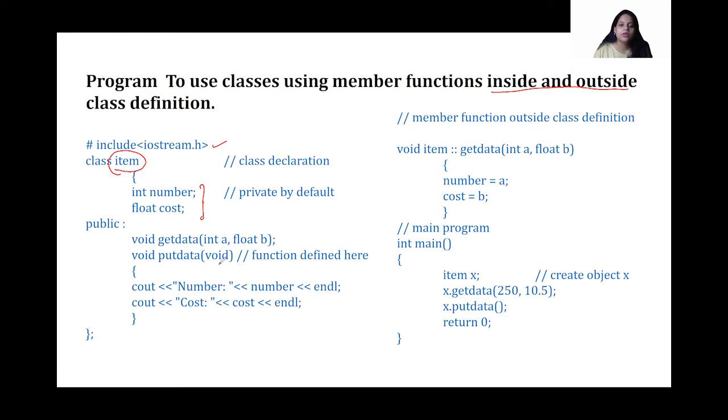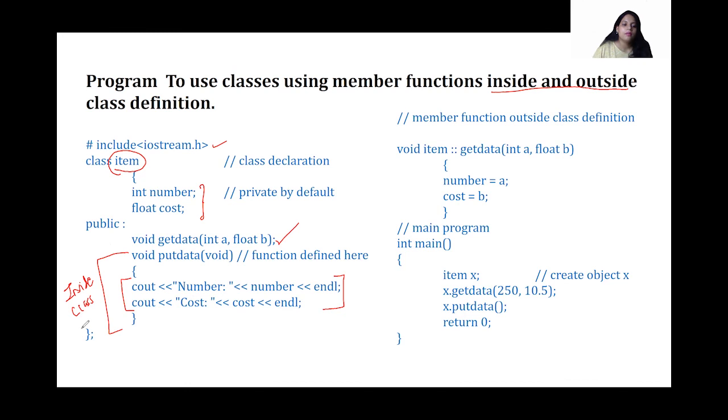When it comes to void put data, I am writing the code inside my class definition, which makes this an inside class definition function. So this is declared and defined inside the class definition, whereas the other is only declared inside.